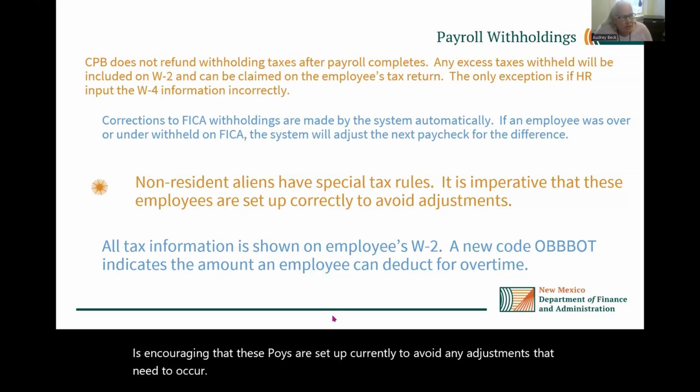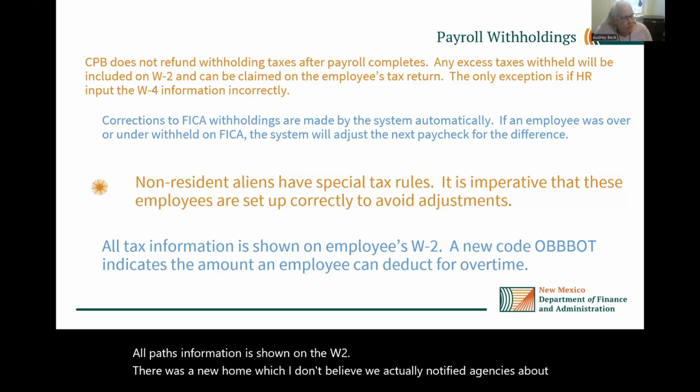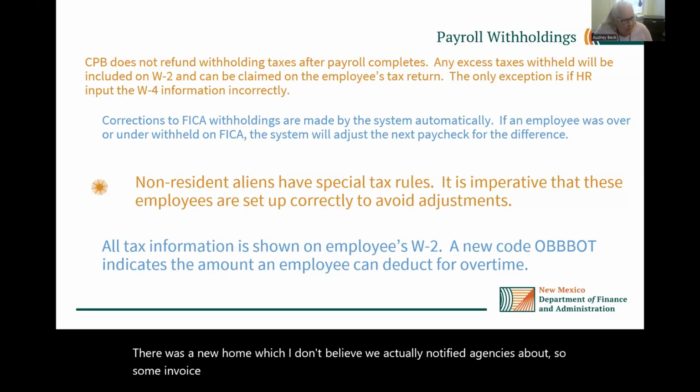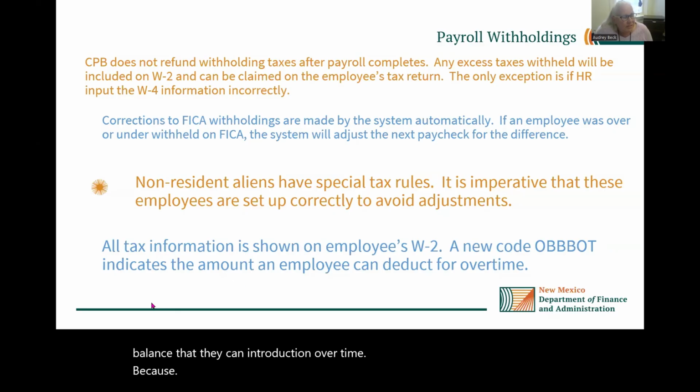All tax information is shown on the W-2s, and there was a new code, which I don't believe we actually notified agencies about. So some employees will see on their W-2 in box 14 an OBBBOT. This is actually the amount that they can deduct for overtime because of the delay in guidance from the IRS.